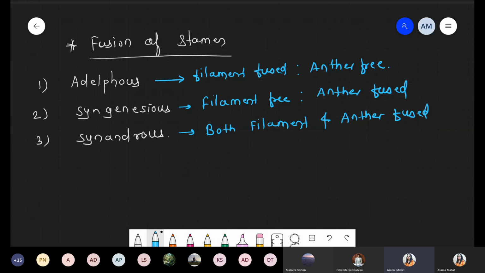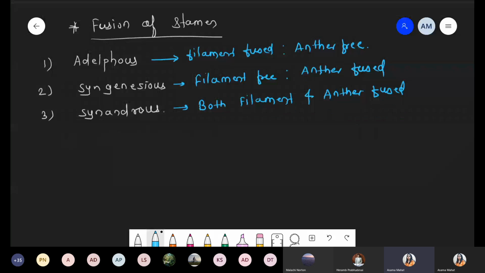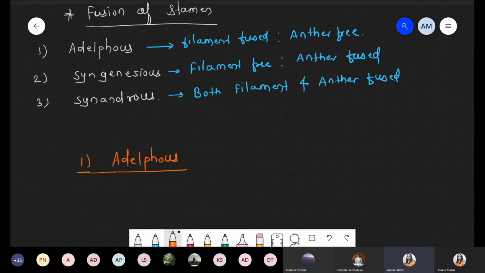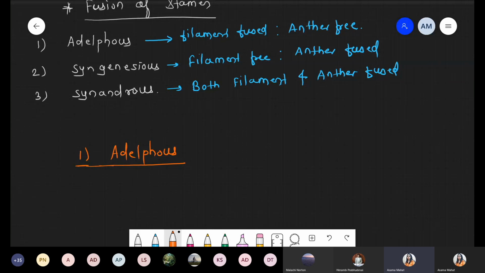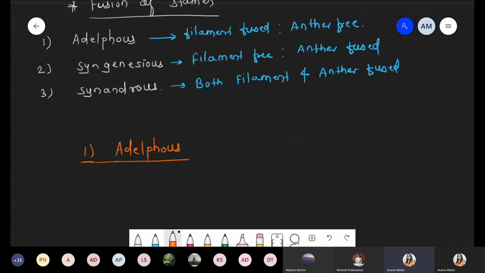So first of all, I am taking the diagrammatic representation to show the meaning of the adelphous condition. Chalo. Number 1, adelphous. Meanwhile, you have to read the NCERT also. Whatever school books or textbooks you have, Goa Board or whichever you have, you will get the idea. Adelphous means the filaments are fused and the anthers are present in free form.